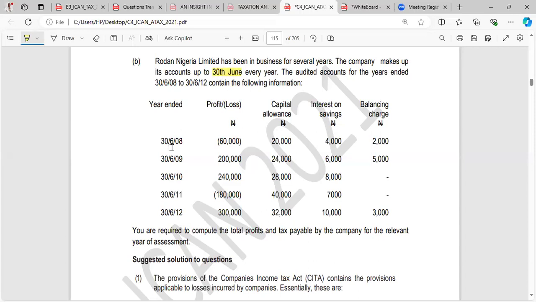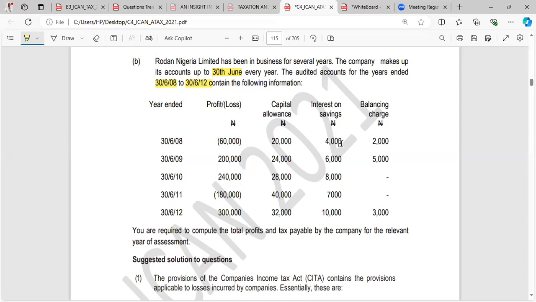So if you look at it, this is 30th June every year. The audited accounts for the year ended 30th June 2008 to 30th June 2012 contain the following. These are all the things it contains here. Balancing charge, interest on savings, and all that.